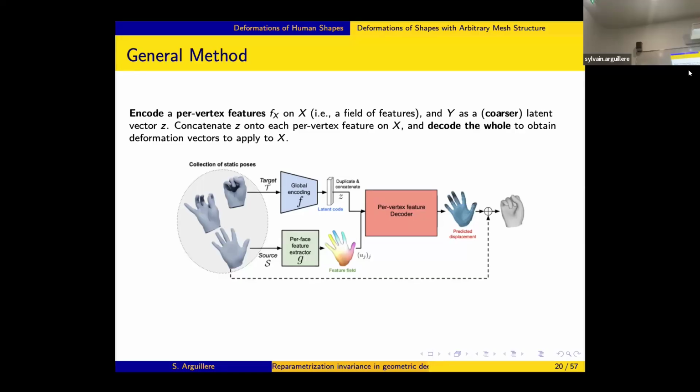And then from there, we do some other processing, like a surface-wide processing, and we obtain at each point X a deformation vector.